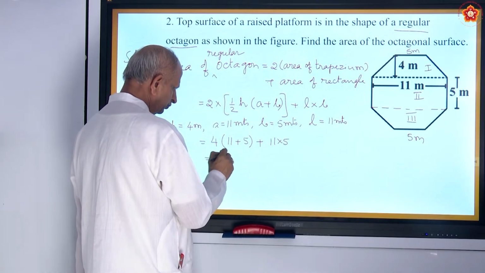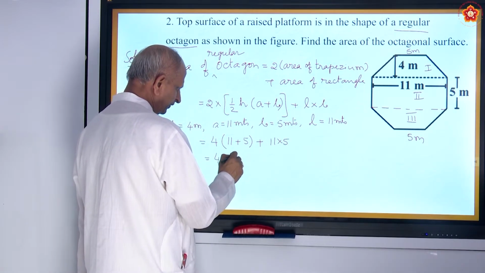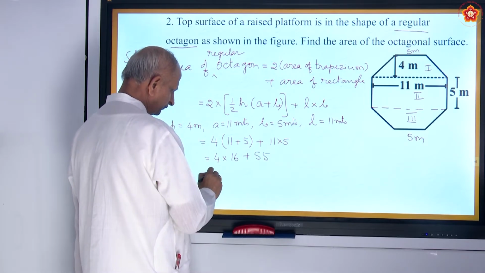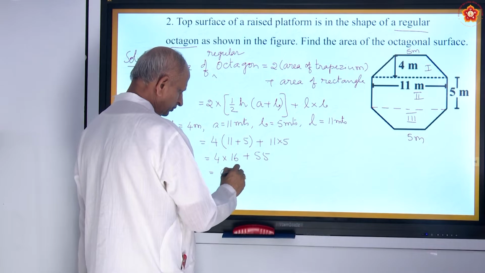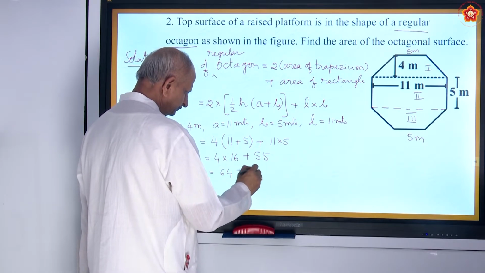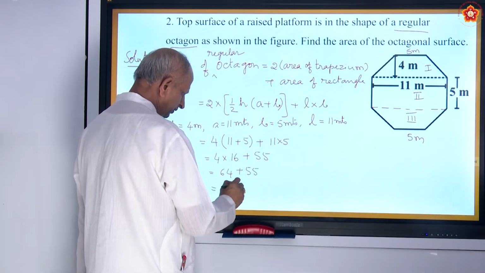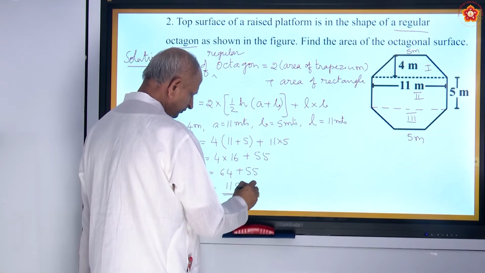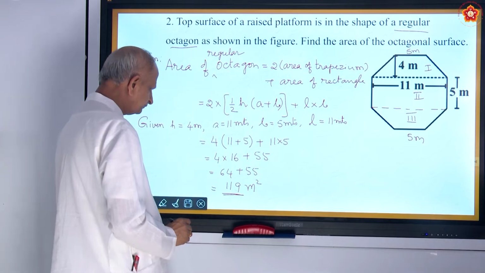So 4 into 11 plus 5 is 16, plus 55. It is 64 plus 55. It will be 119 square meters.